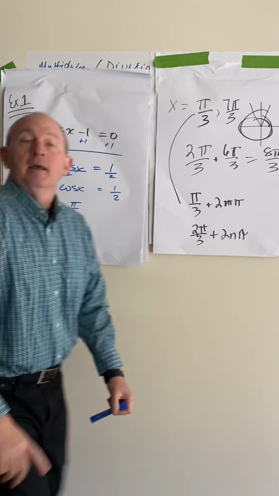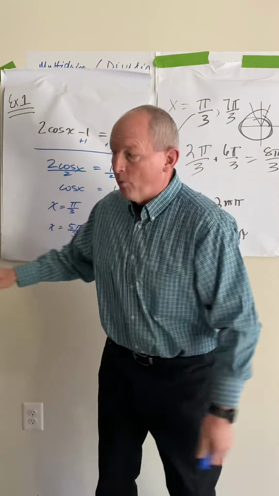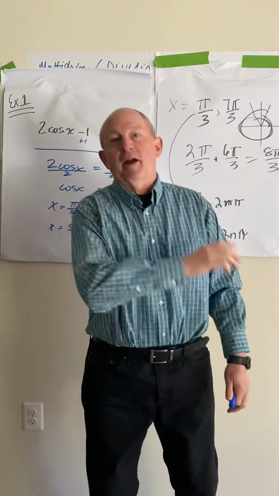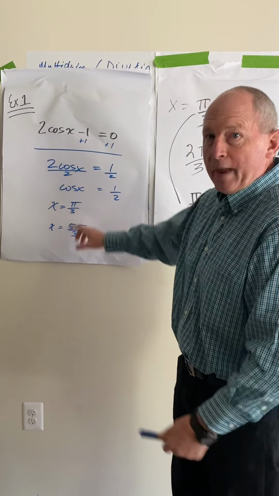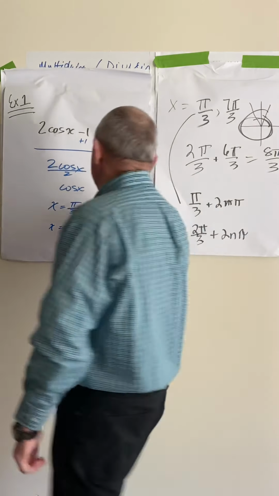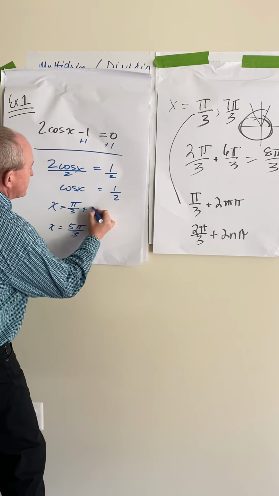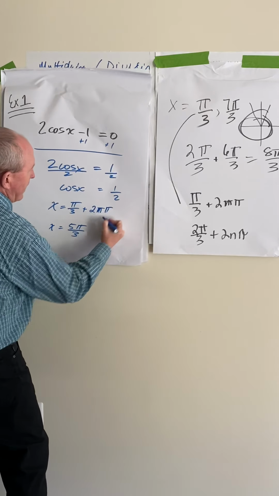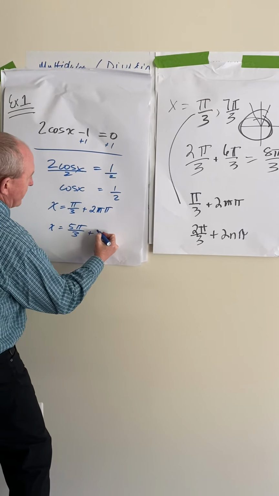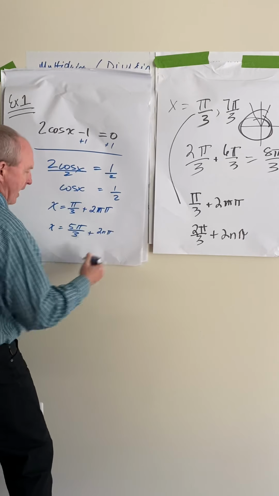But we also have to account for all the angles wrapping around the unit circle. So when we wrap around the unit circle, we add 2 pi. So we say x equals pi over 3 plus 2n pi, and x equals 5 pi over 3 plus 2n pi.